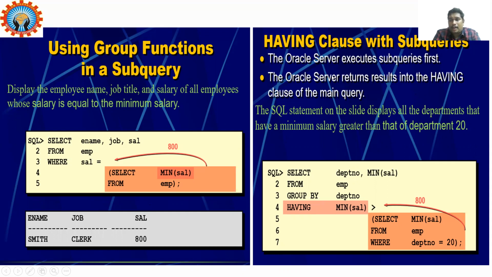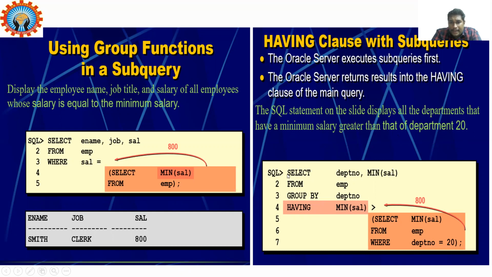Next, the HAVING clause. Already we discussed that the Oracle server executes subqueries first. So the statement is: minimum salary greater than that of department 20. We use this syntax.